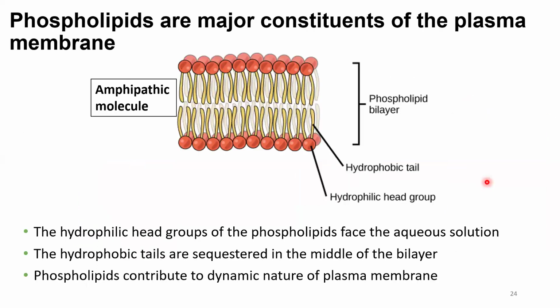And phospholipids are major constituents of the plasma membrane, where it looks like this. The phospholipid heads face the water side, and the hydrophobic tails are gathered together here. And they contribute to the dynamic nature of the plasma membrane.